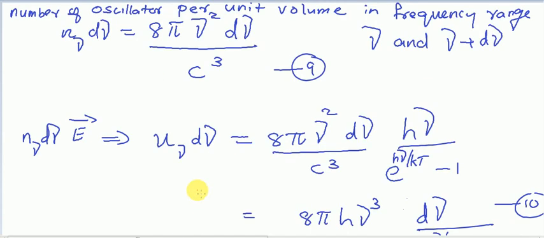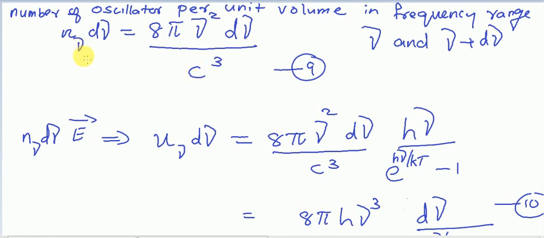But we know the number of oscillators per unit volume in a frequency range ν and ν plus dν, the distribution law. I'm not explaining the distribution law here. We already learned it, such that the number of oscillators per unit volume in a frequency range ν and ν plus dν, and this is the expression for equation number 9, n(ν)dν, that is the number of oscillators in a unit volume having frequency in a range ν and ν plus dν, that is equal to 8πν² dν divided by c³.